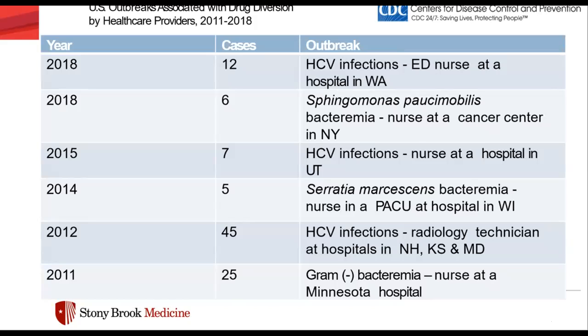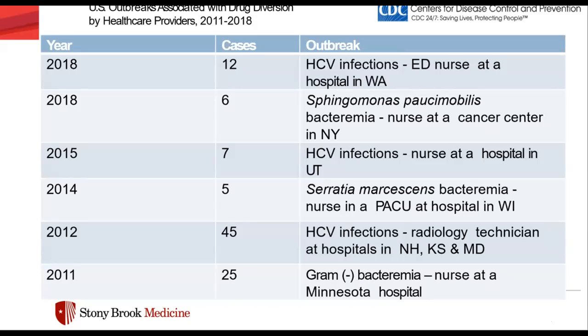This chart is from the CDC, and it highlights the US outbreaks associated with drug diversion. In the past decade, there have been over 50 cases of drug diversion related infections in patients, and it's not only limited to hepatitis, but also bacteremias.